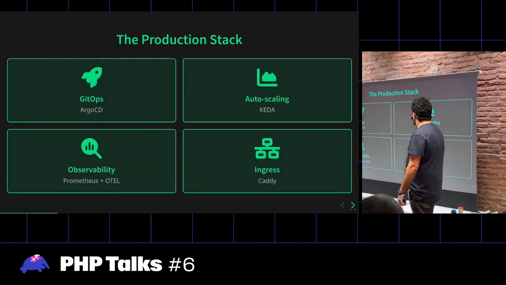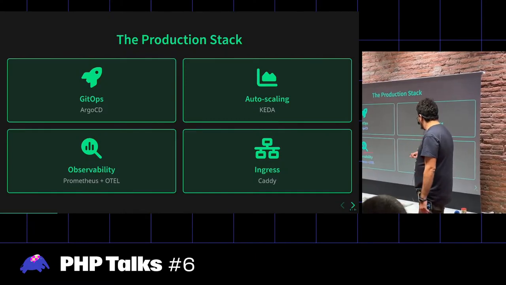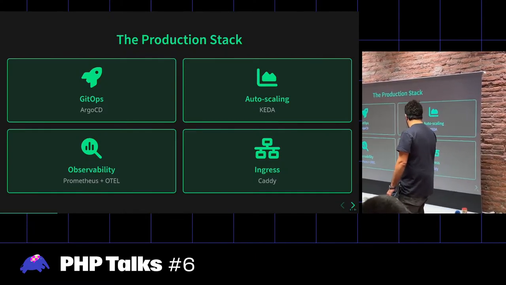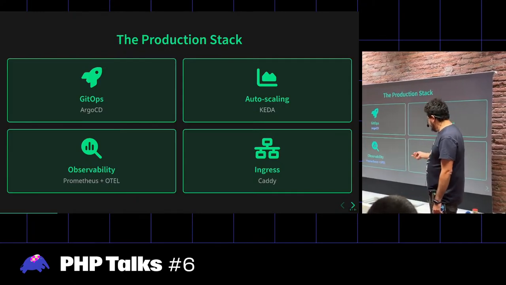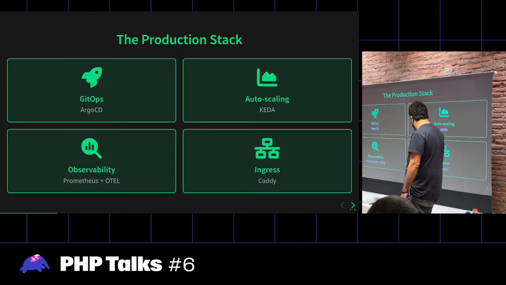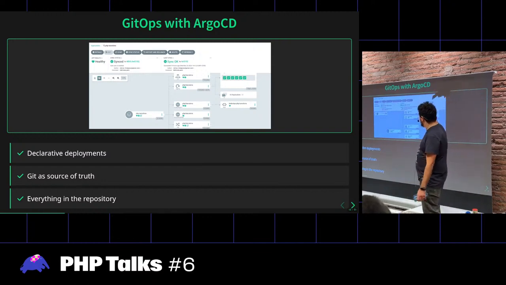So let's go. The production stack I already explained. I deploy everything with Argo CD, so I'm using a GitOps approach. I have auto-scaling, observability with OpenTelemetry and Prometheus, and ingress, the basics. Here you can see my GitOps, and how I deploy applications. This goes to my GitLab repository, checking if there are changes there.